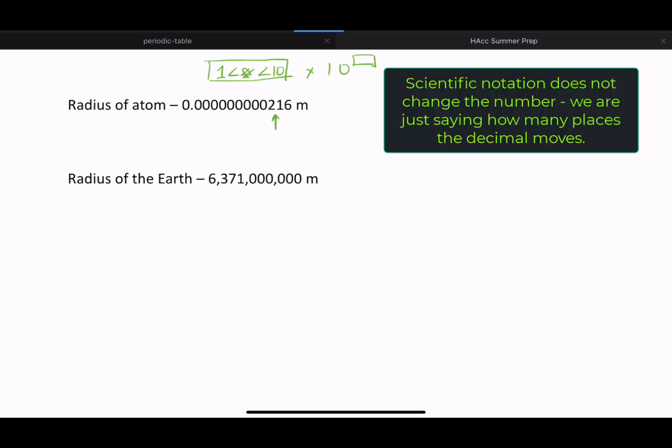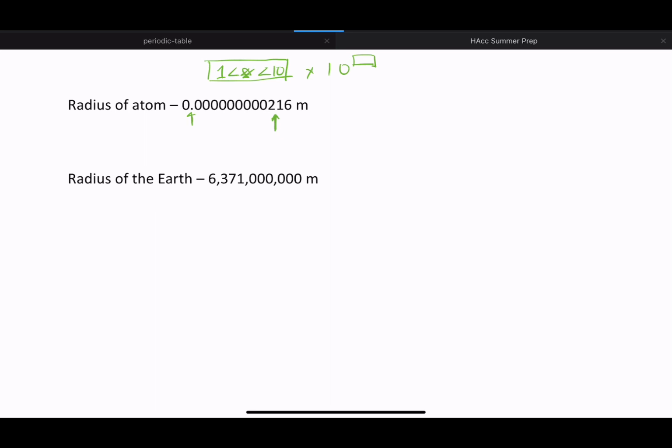So let's go ahead and practice. We need our decimal to be here. It's currently right here, so it's going to have to move 1, 2, 3, 4, 5, 6, 7, 8, 9, 10. So we would say 2.16 times 10. And then we have to think, are we moving 10 places bigger or 10 places smaller? I know that some of you try, I think in middle school, to memorize something about left and right or whatever.